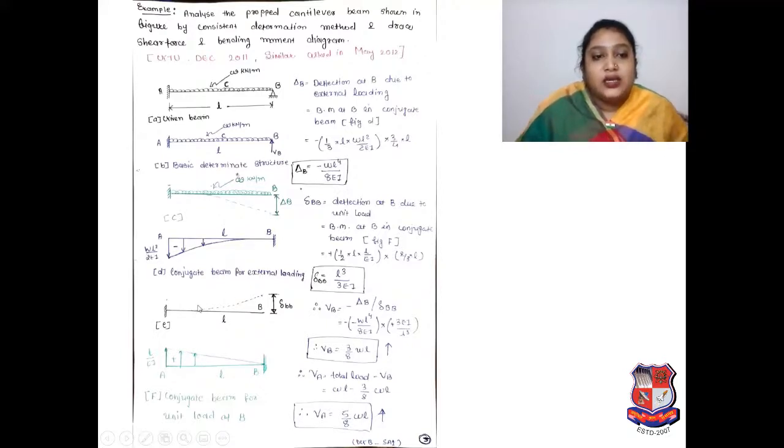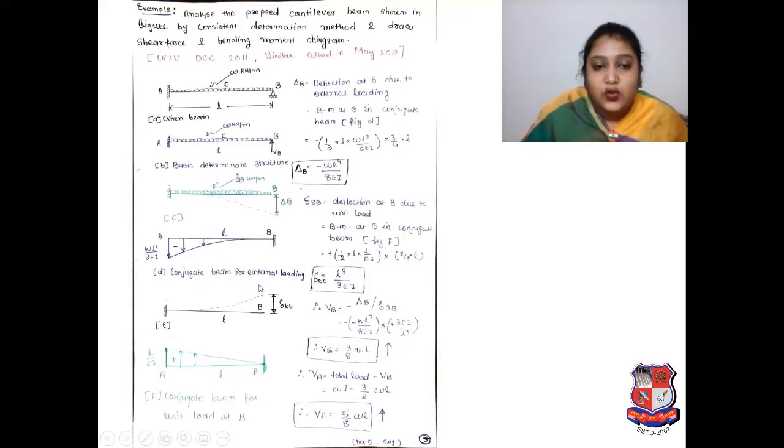Okay, then we have to draw del BB. Del BB for what? Unit load. I didn't mention that in the figure, but in the previous problem we may have mentioned. So as per that, we will prepare one beam. We have to assume there isn't any load, and our one unit load will be at B in the upward direction.